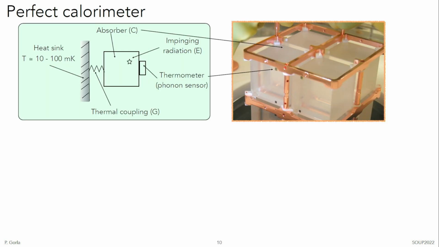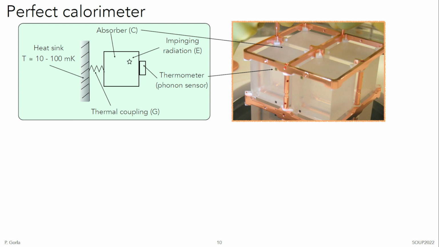This is finally the sketch of a cryogenic detector. You have an absorber that is thermally coupled with a heat sink, a bath that is kept at a stable temperature, some heat reservoir that keeps your crystal stable in temperature.